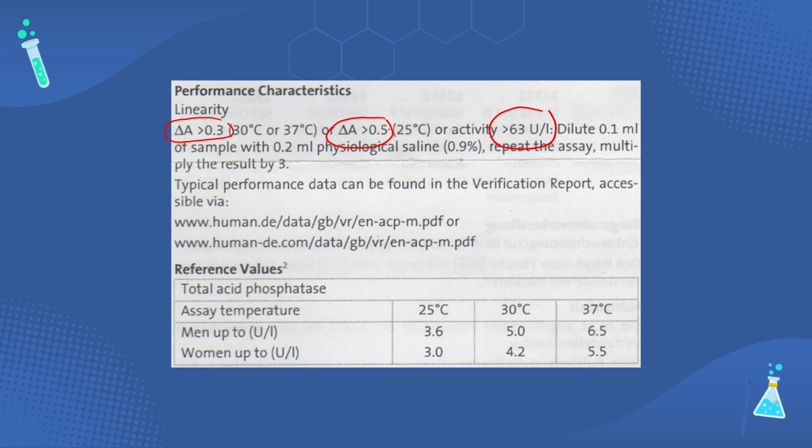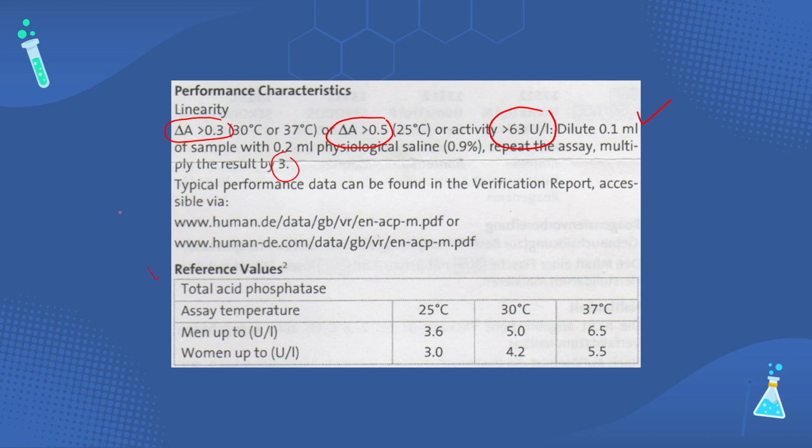So what we will do here is again dilution. Dilute 0.1 ml of your sample with 0.2 ml of saline, and then repeat the assay and then multiply it by 3 because this is a 1:3 na dilution. So depende na din po yan sa atin if you wanted to raise the volume, basta as long as kung ano po yung dilution na ginamit natin, then yan din po yung ating dilution factor.